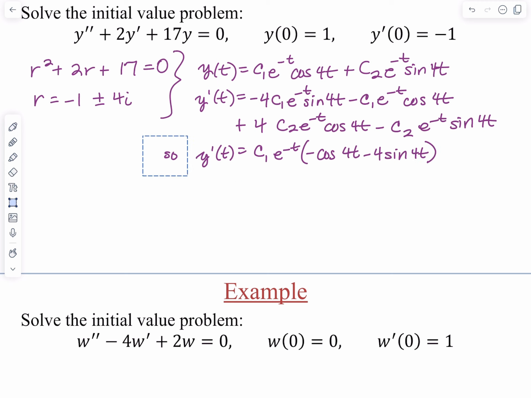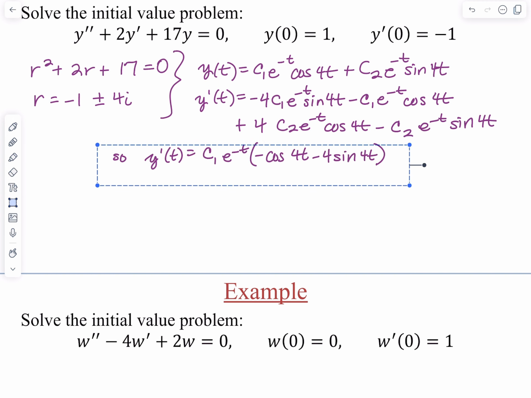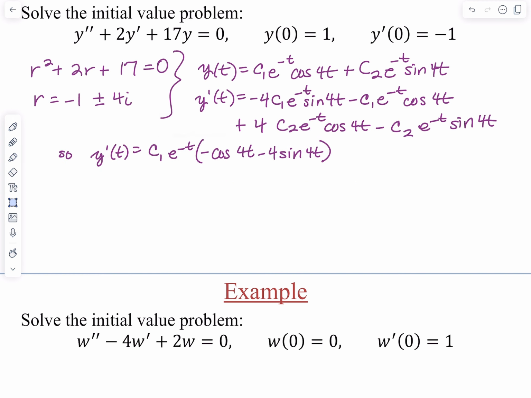And we'll do the same thing. We'll go ahead and factor out a c2 e to the negative t. And you can see we have the opposite of the sine of 4t plus 4 cosine of 4t.